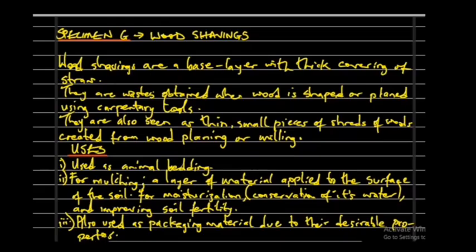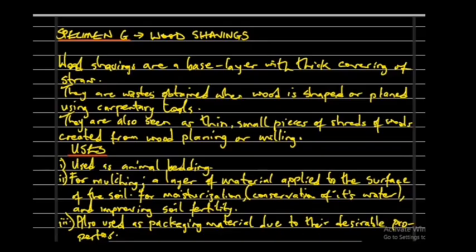That is how we come across wood shavings. They are also seen as thin, small pieces or shreds of wood, and they are created from wood planing or milling. When we plane wood, or when we mill wood, when we cut wood into pieces, there is the production of wood shavings.